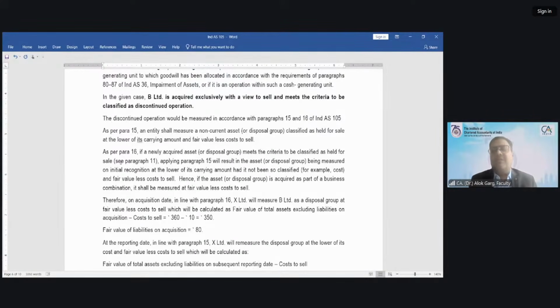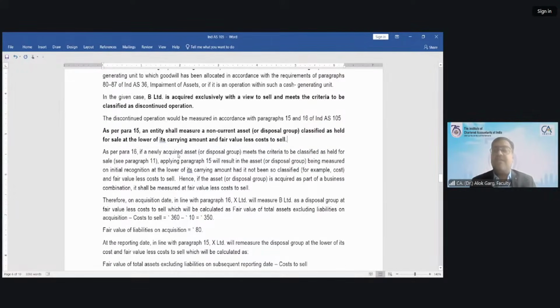This is what paragraph 15 says. As per paragraph 15, an entity shall measure a non-current asset or disposal group classified as held for sale at the lower of its carrying amount and fair value less cost to sell.